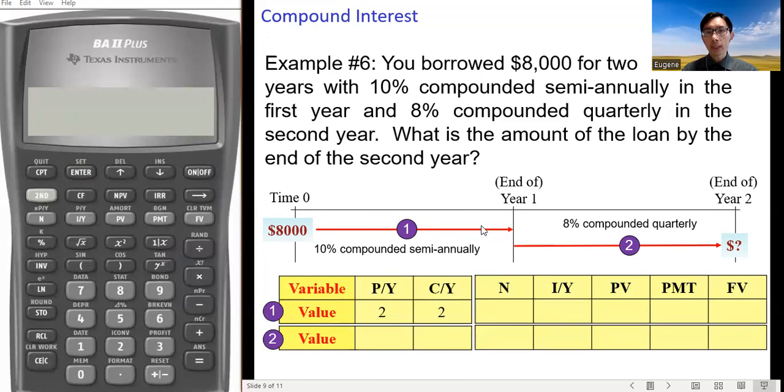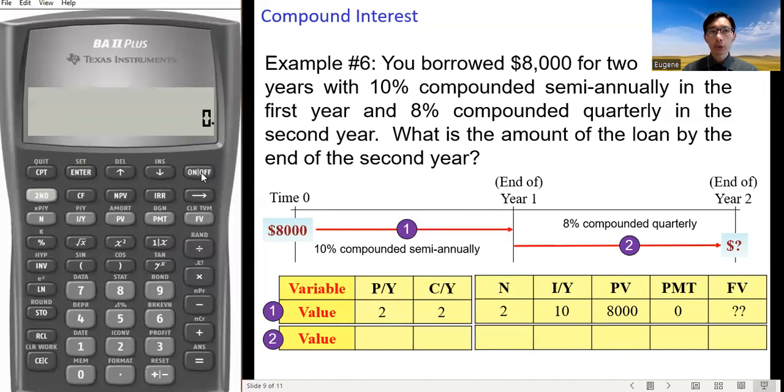In this first year, the number of compounding periods, the value for N, is 2. IY is 10. PV is the $8,000. 0 for PMT, and we need to compute the FV. This value is the FV at the end of year 1.